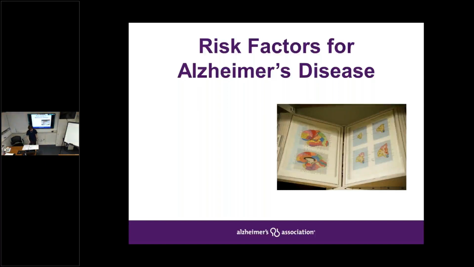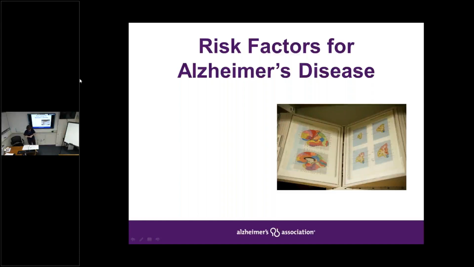So what are the risk factors for Alzheimer's disease? One thing that we know is that there are plaques and tangles building up in the brain. And we know that these are related to 2 different proteins. One is called tau, and that's creating these tangles. And one is called beta amyloid, and that's creating the plaques.